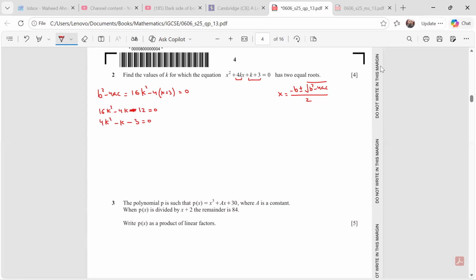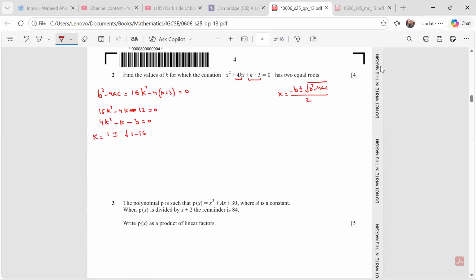So how can I find the values? Let's use the quadratic formula, this is easy. So k equals minus b, so it is 1, plus or minus the square root of b squared, which is 1, minus 4ac.